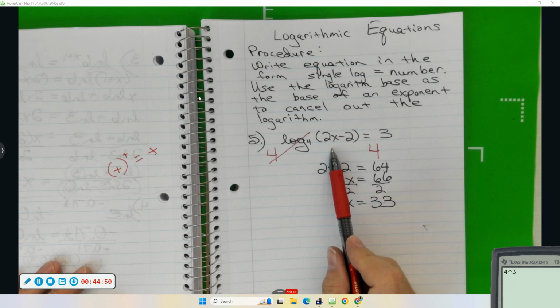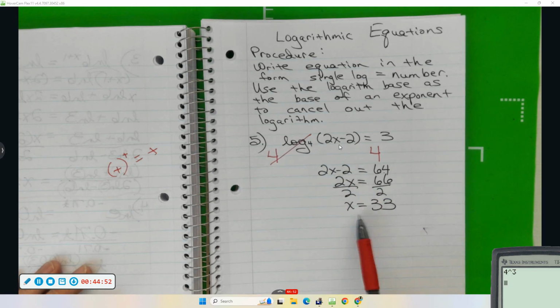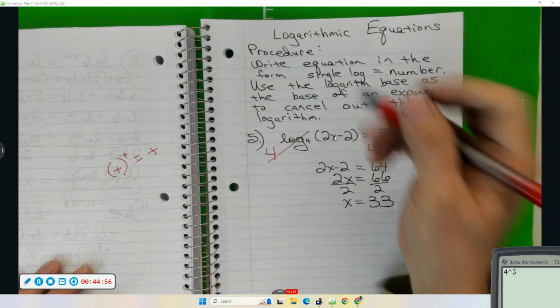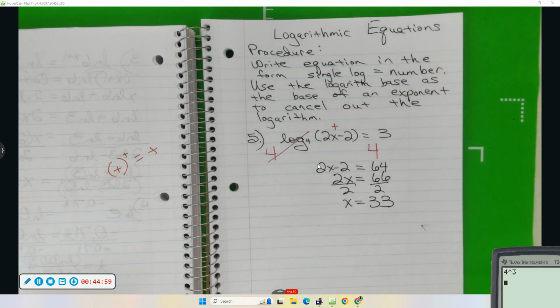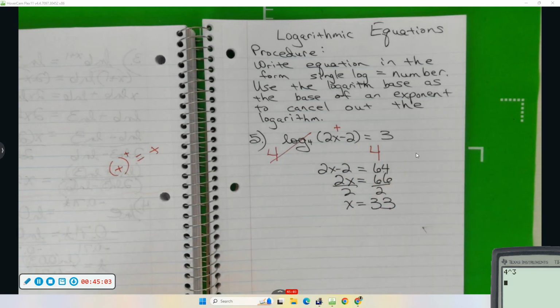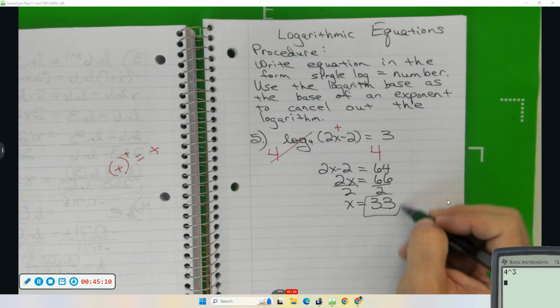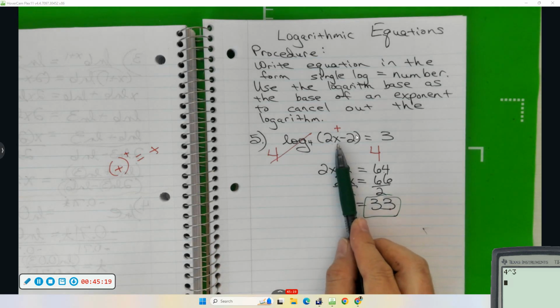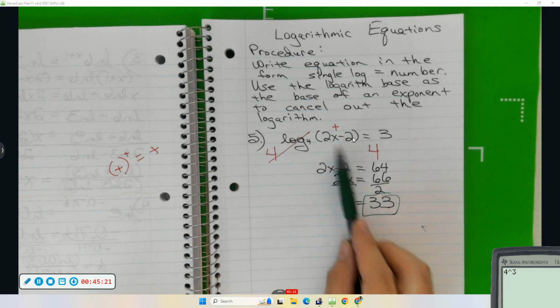We started off with a logarithm, but we wound up solving something that wasn't a logarithm. You need to make sure that the number you get gives you a positive argument as well. Well, that's 66 minus 2. That's obviously positive, so we don't have to worry. 33 is an acceptable answer. You don't really have to check it completely, but you do have to plug the number in and make sure that any argument that appears in the original problem is positive.